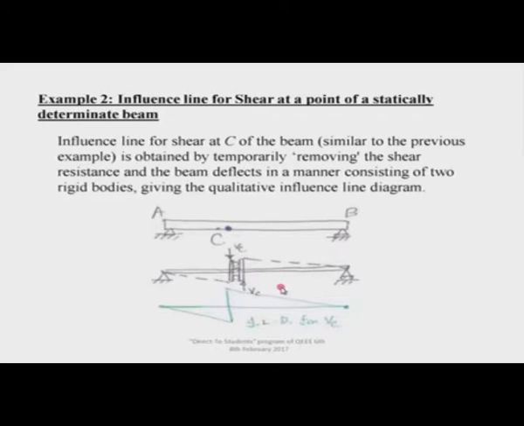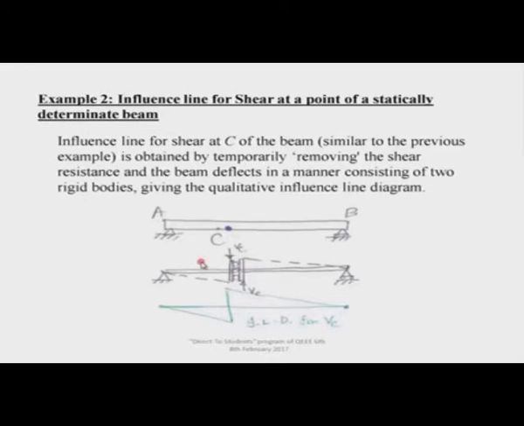You must understand properly what you are exactly doing, as there is a source of confusion for the students here. Clear it once and for all with the sign convention accepted by all of us: for the shear, if you take a section, left up right down is positive shear. With that concept, if I say I have temporarily destroyed the capability of the beam to resist shear, then what will happen to the beam if the load is applied?